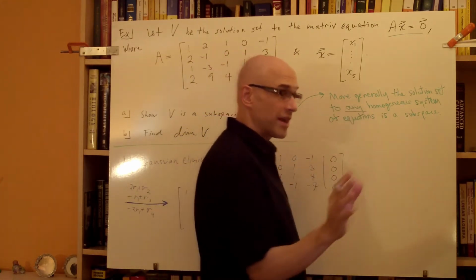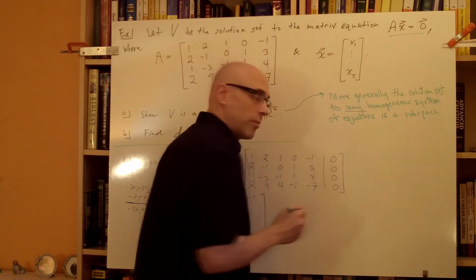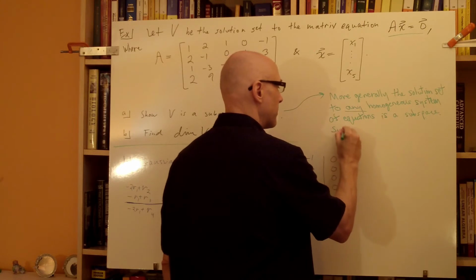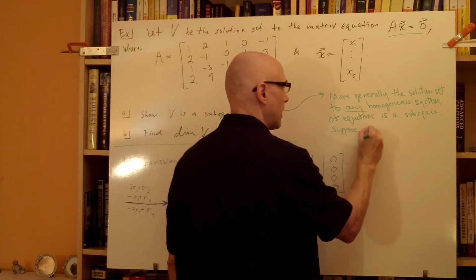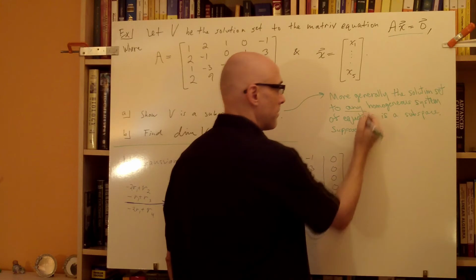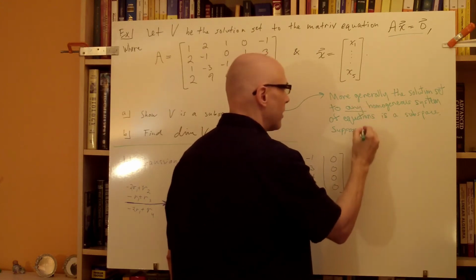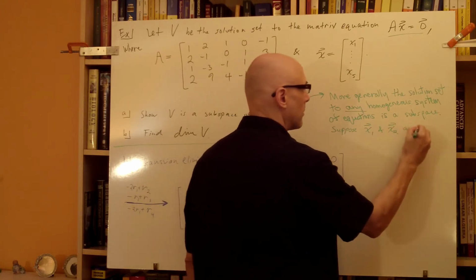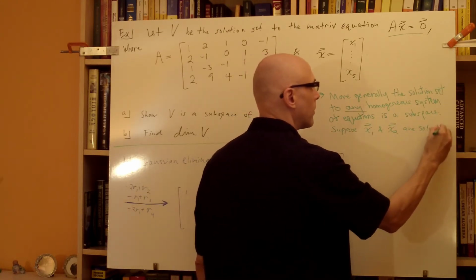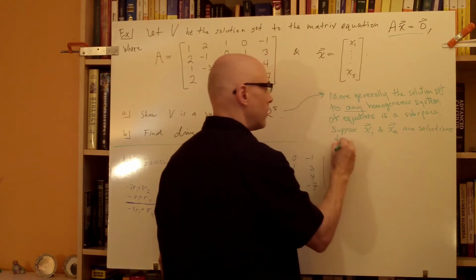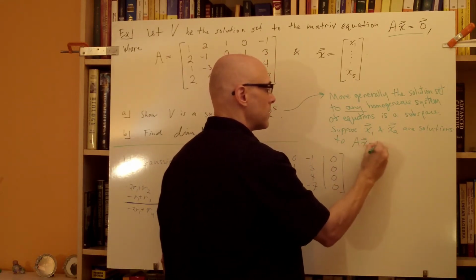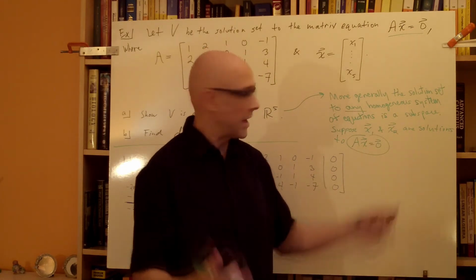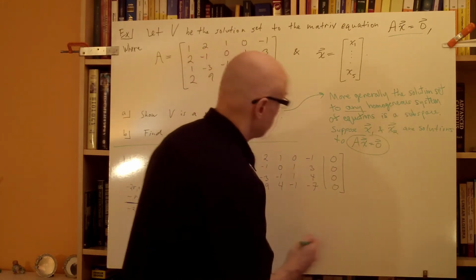And here is just a quick sketch of how you would show that, and then we'll get on to part B. Suppose vectors x1 and x2 are solutions to Ax equals 0. And again, we're using a matrix equation to represent our system of equations.